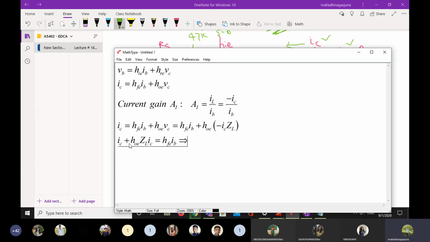Therefore, if you take IC as common, 1 plus HOE into ZL, into IC equals HFE into IB. It's clear.